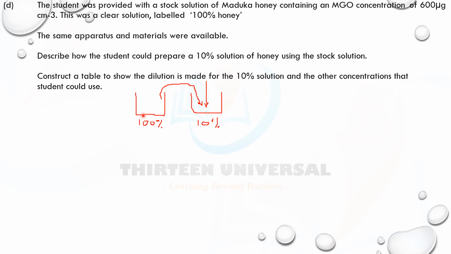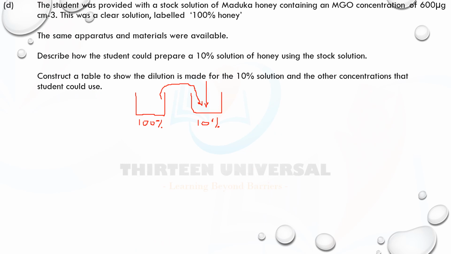Just say that a particular volume of the stock is taken, added to a beaker, and it was diluted using a specific volume of nutrient medium. Not distilled water, because they provided nutrient medium from the beginning for dilution. Is that okay? Because they didn't tell us the exact volume to prepare, we couldn't mention the V1 and final volume. But see this, they say construct a table to show the dilution is made for the 10% solution and the other concentrations that student could use.